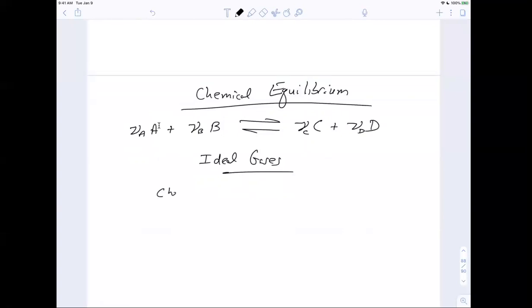So our chemical transformation process occurs at pressure equals constant. So it's some pressure, I don't know what it is, some constant, and T is equal to a constant value. Okay.